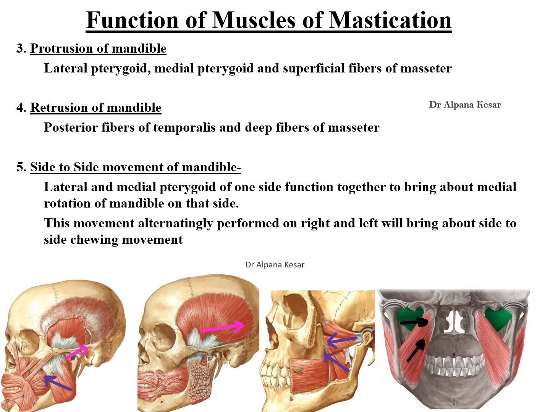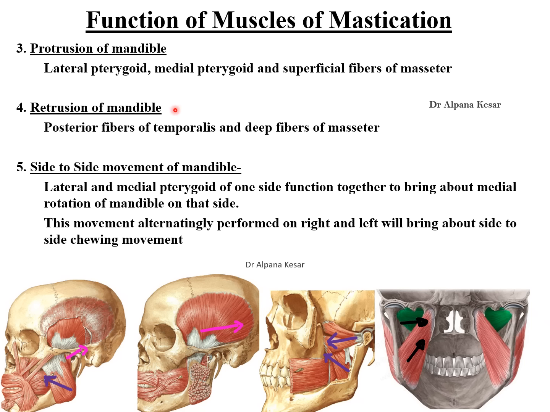Protrusion of mandible. Protrusion of mandible means thrusting mandible forwards or anteriorly. This movement is brought about by lateral pterygoid muscle, medial pterygoid muscle, and masseter that helps in the anterior or forward movements of mandible.